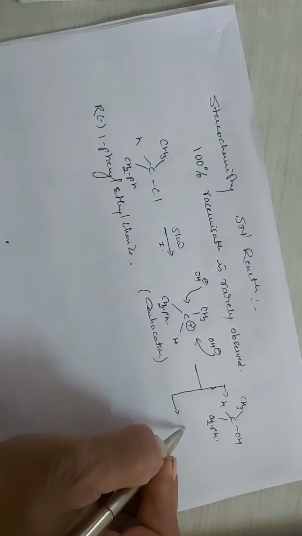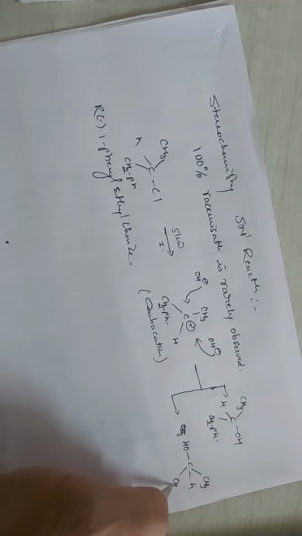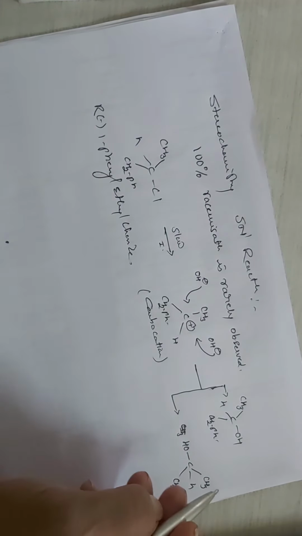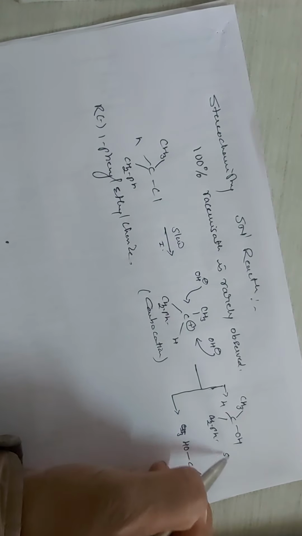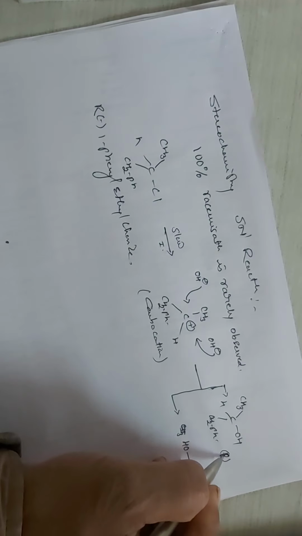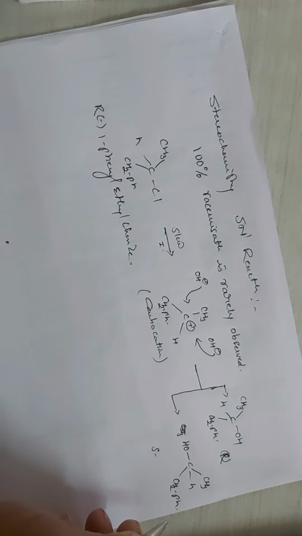So here you get the product with retention in configuration, and here you get the product with inversion in configuration. The two products are obtained, but the ratio of R-1-phenyl ethanol and S-1-phenyl ethanol is varying.